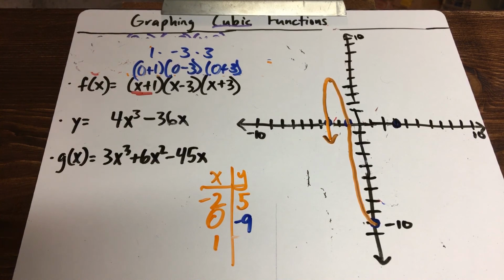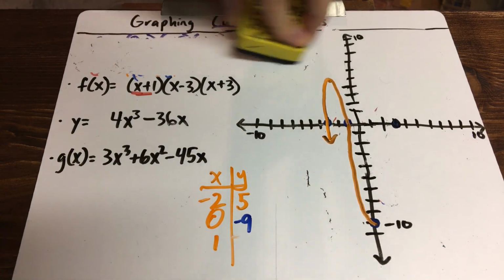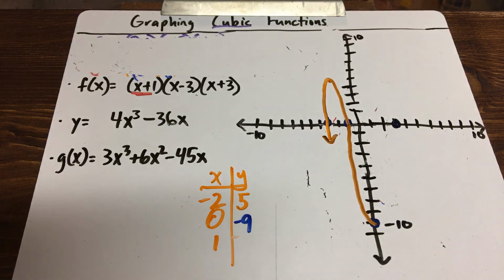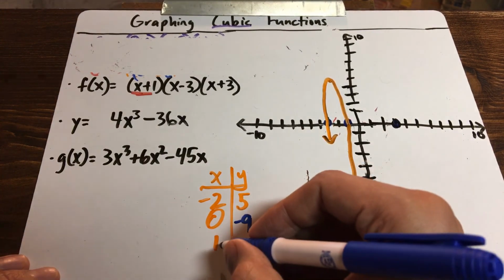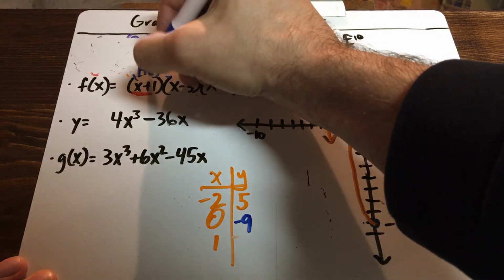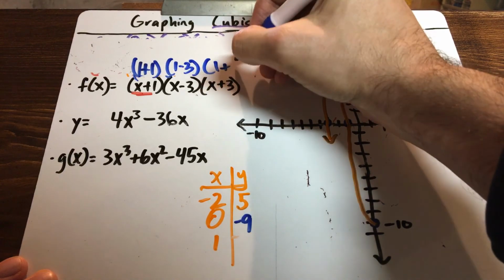And then I also picked the number 1 just to have a third point. You really didn't need to do this. If I'm being honest with you, I could probably freehand it from here going up. But just to make it a more accurate graph, I'm going to put 1 in each spot where the letter x is: 1 plus 1, 1 minus 3, 1 plus 3.